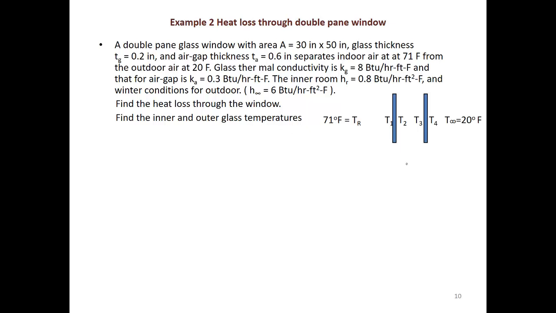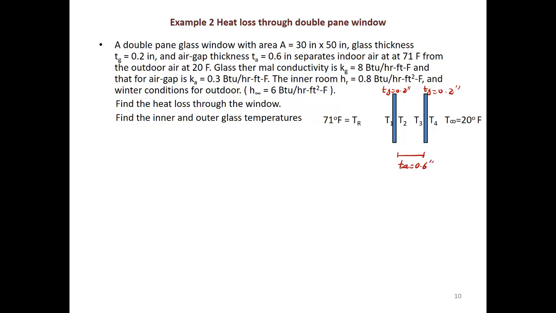The thickness of each pane is 0.2 inch. So T glass here is 0.2, and right here is also 0.2 inch. And the air gap has a thickness T air equals 0.6 inch.